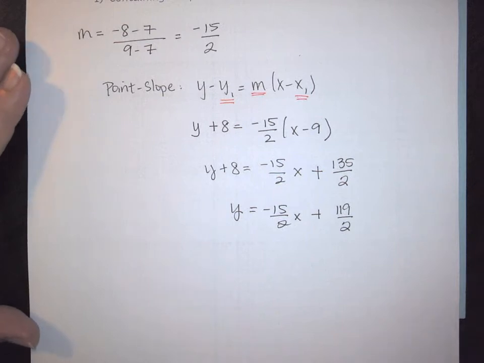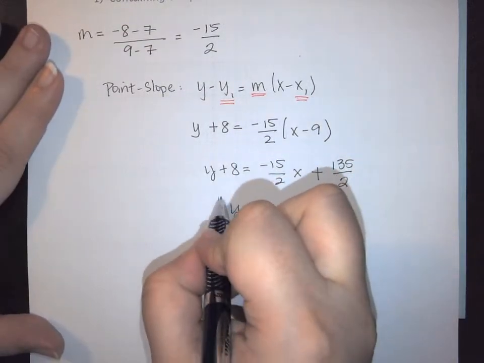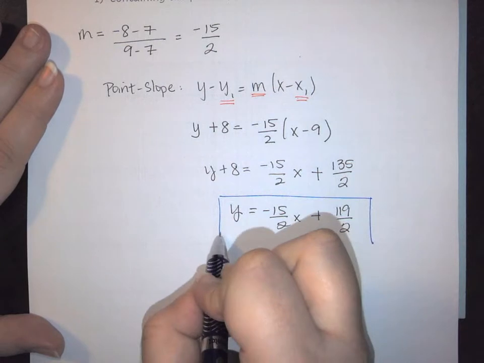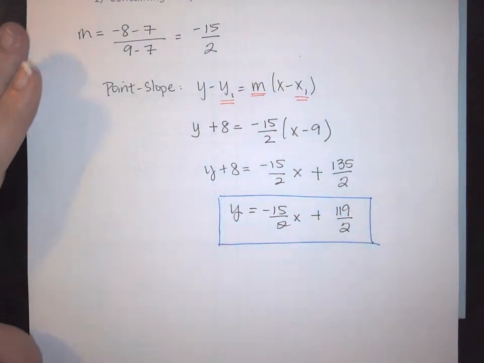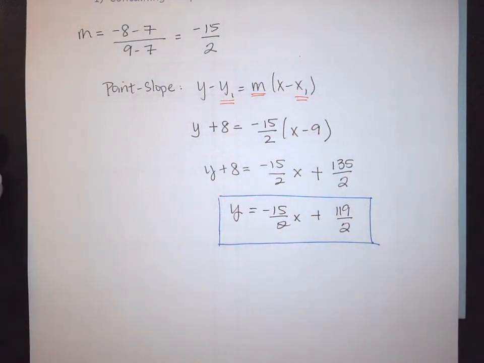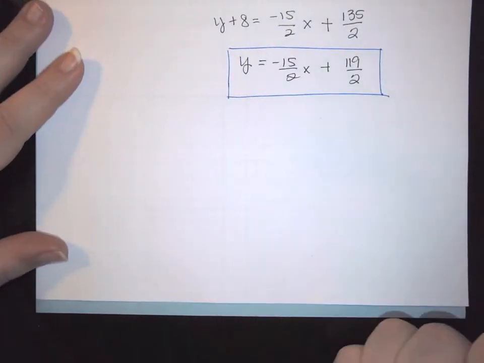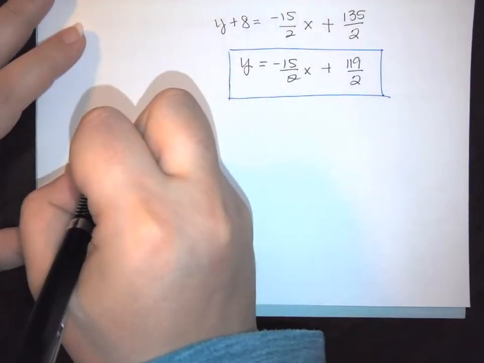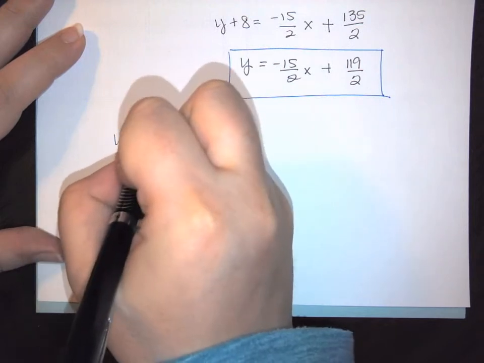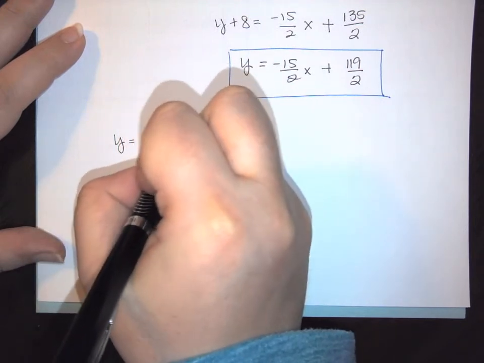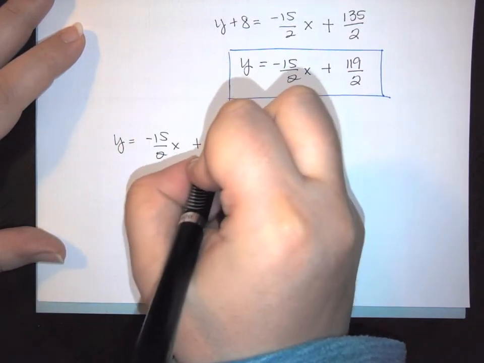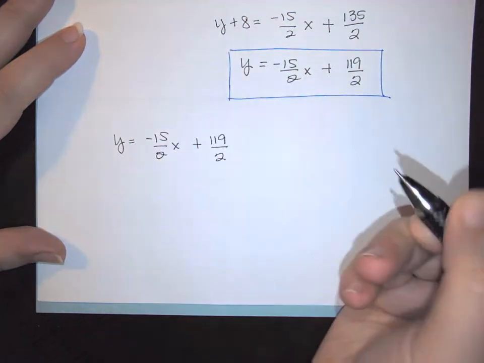So here, this is our slope-intercept form. Now once you find slope-intercept form, we can go from that form to standard form. So we're going to start here. Y equals -15 over 2x plus 119 over 2.